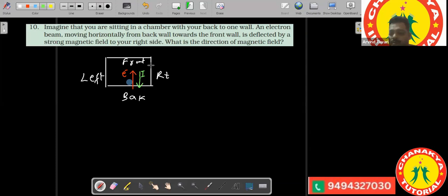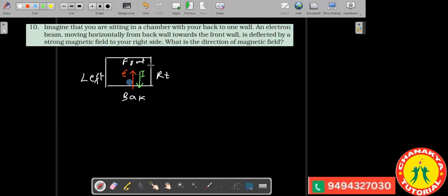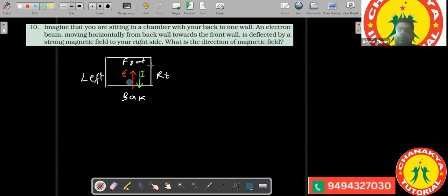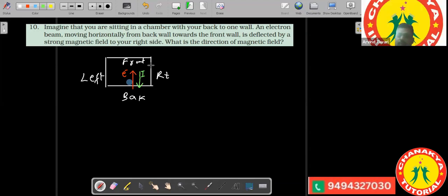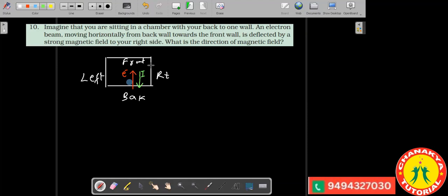Yes, sir, because this chapter has not been started in the school, so I'm getting very confused. So which chapters have you left? Only this magnetic effect, or control and coordination also? Control and coordination is completed, sir. I'm only lagging at this chapter. Okay, so I will discuss with sir and I will let you know. Yes, sir. Okay.